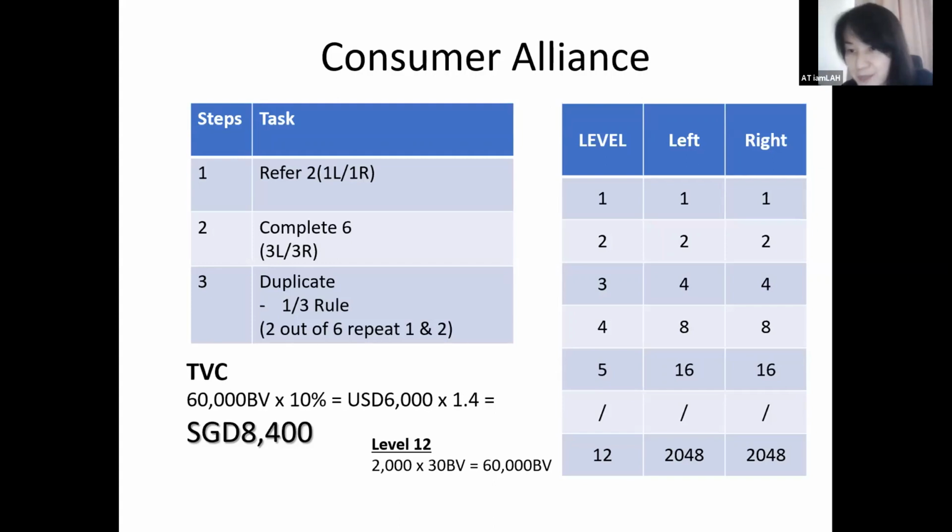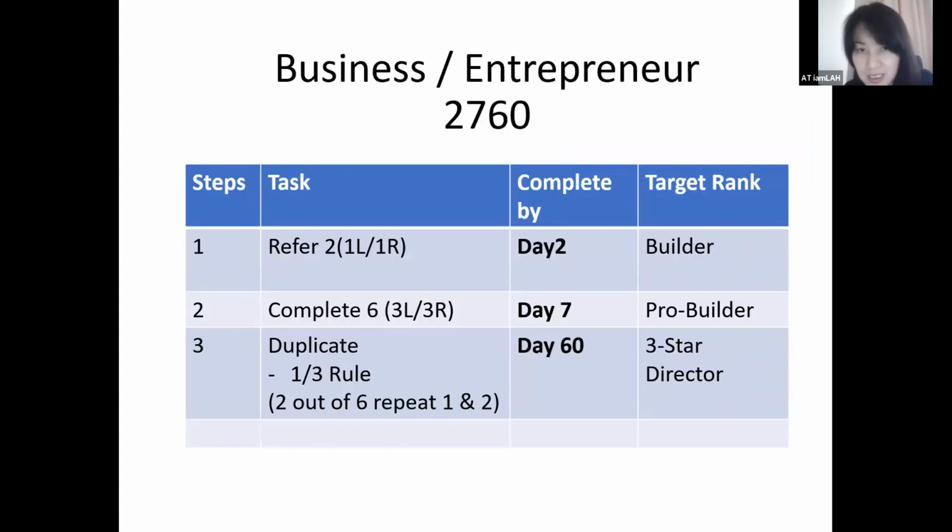But we do have the program about business and entrepreneur, right? The business is 300 BV, the entrepreneur is 650 BV. For these two, we have a different way. This is what we call the 2760 mode. Basically, on day 2, you refer 1 left, 1 right.